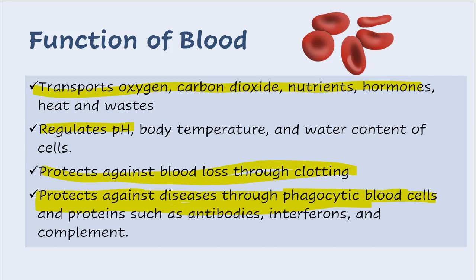It also regulates body temperature because of the properties of water, which we know is present in blood, and also maintains the water content of cells because of its specific concentration of solutes and proteins that maintain blood osmolarity. In this first section, we're going to focus on red blood cells and the major properties of blood.